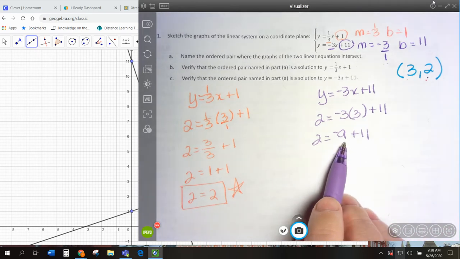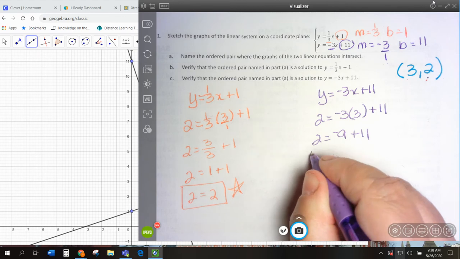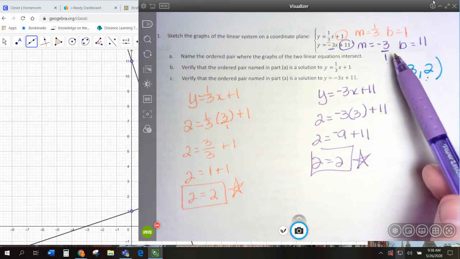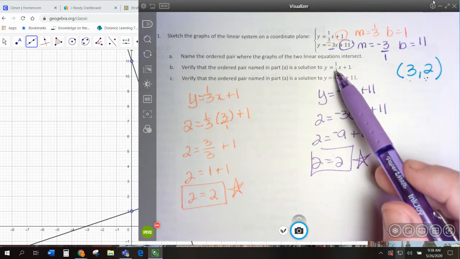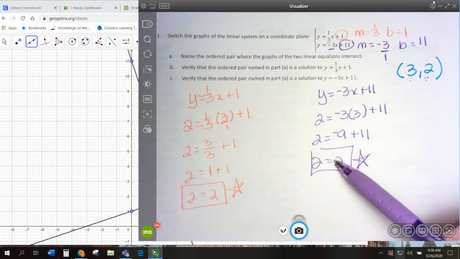If I start at -9 and I go up 11, I'm going to end up at 2. So it does work. So yes, we graphed and showed that the coordinate point 3, 2 would be a solution to both equations, and we proved it by putting in 3, 2 in each equation.